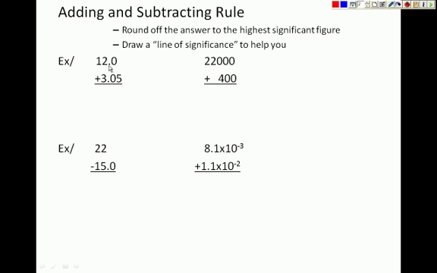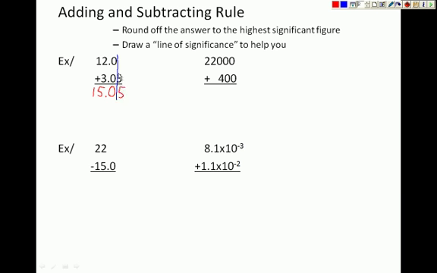So I see that 12.0 here is my highest significant figure, and this has 2 decimal places, this has 1 decimal place, so my highest sig fig is right there. So I draw that, and then I just add it like I normally would, which would be 12.0 plus 3 is 15.0, and then this part would be, well, 5.